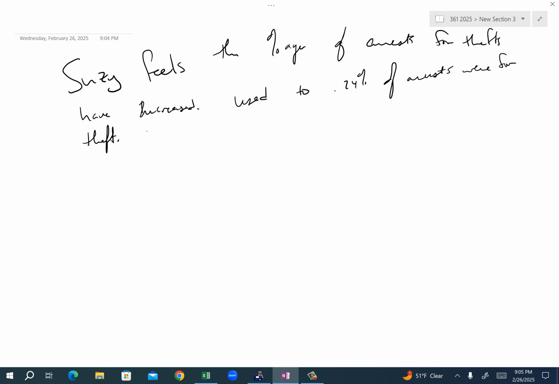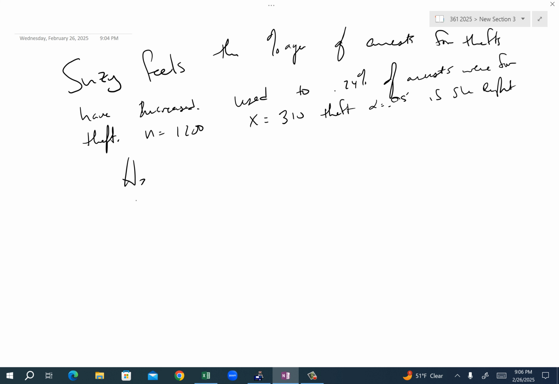Cool. So what does she do? Well, she goes out and samples 1,200 arrests, and she finds that 310 are theft. Nice. So at alpha 0.05, is she right?